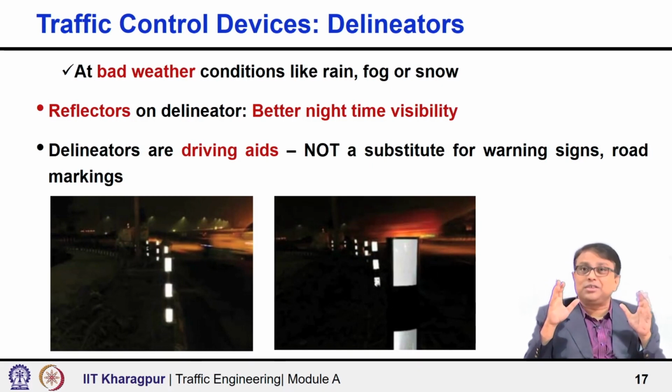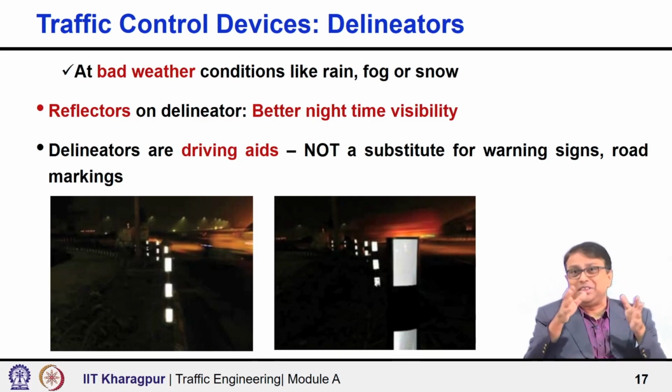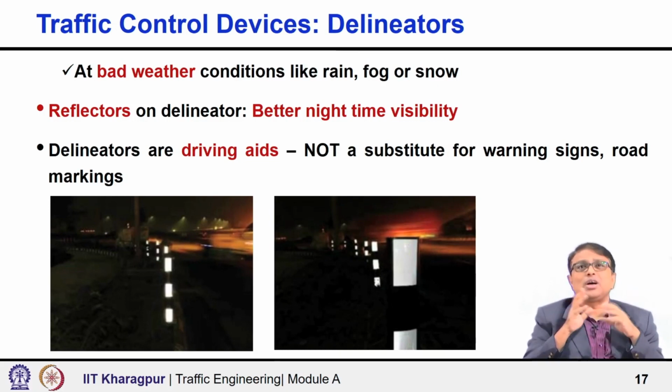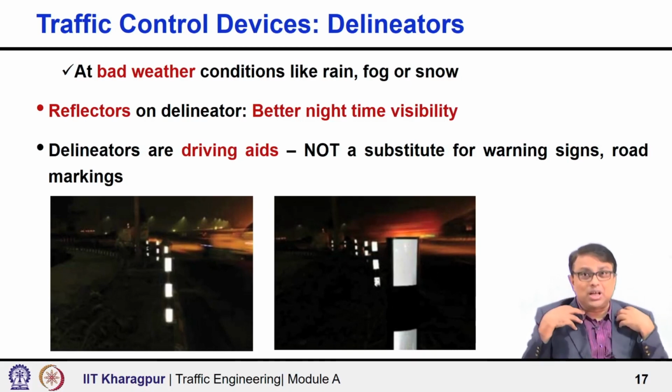It is not beautification; it has a purpose related to the safety of vehicles and road users. You can clearly understand any change in the geometry, any change in the horizontal alignment or vertical alignment.